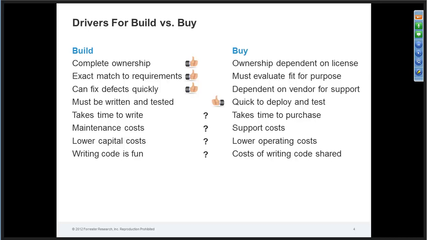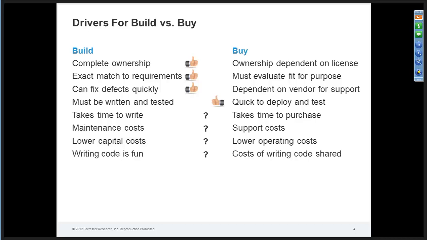That tends to be an economic benefit or a driver to go custom, because when I buy something, my ownership rights are very much dependent on the type of license. Now, I spend a fair amount of time in the open source world as well, so sometimes those licenses can be fairly permissive. But for most of the products that we see folks buy, the licenses are commercial in nature, and so there are restrictions on how the source code can be used.